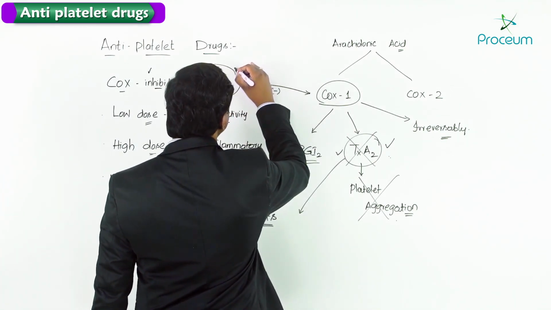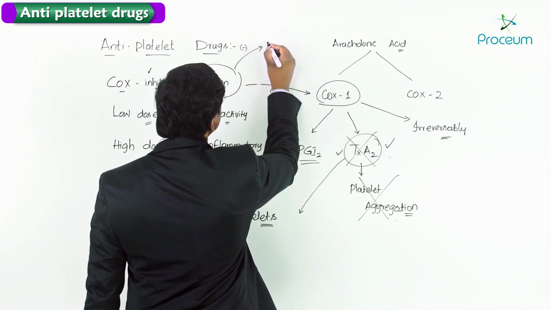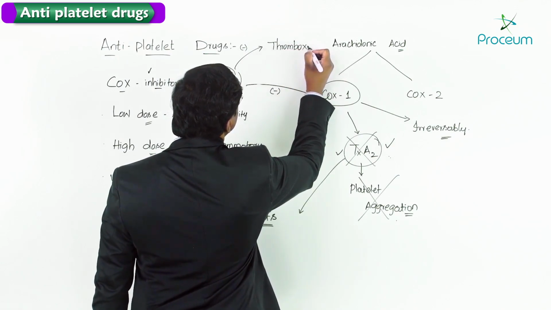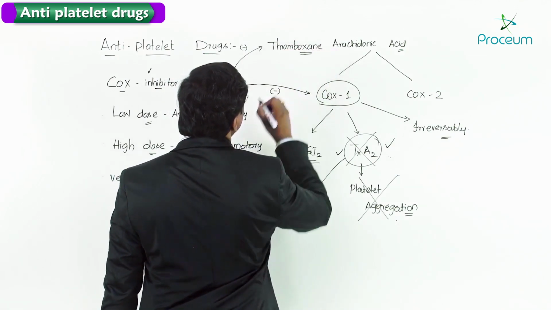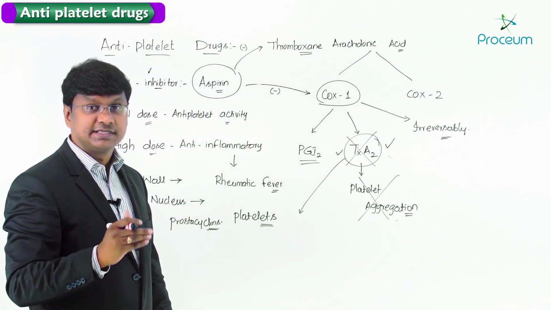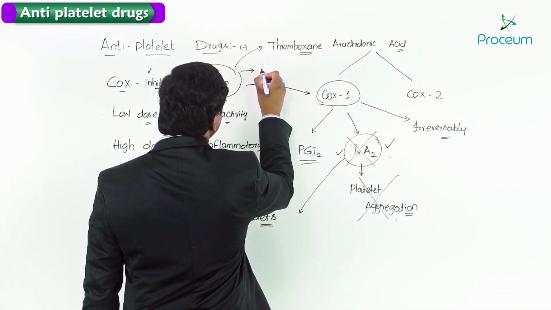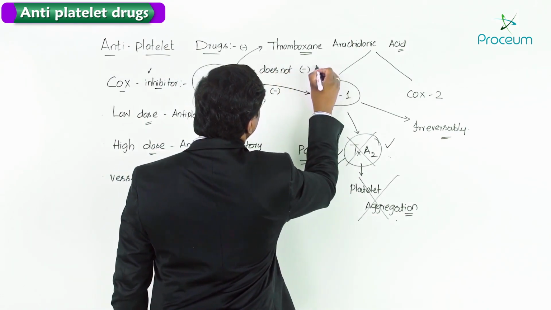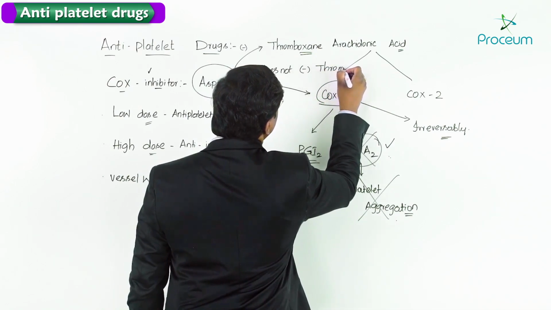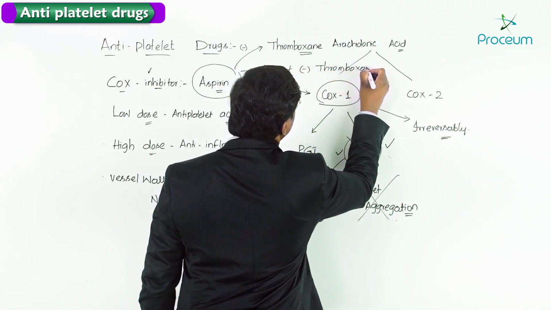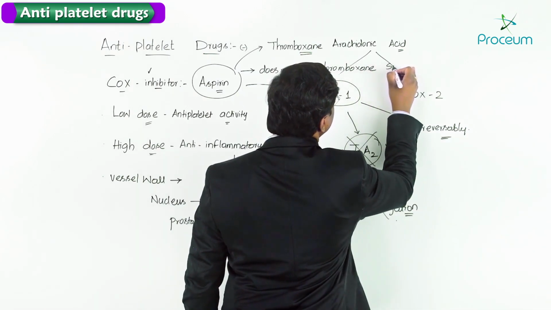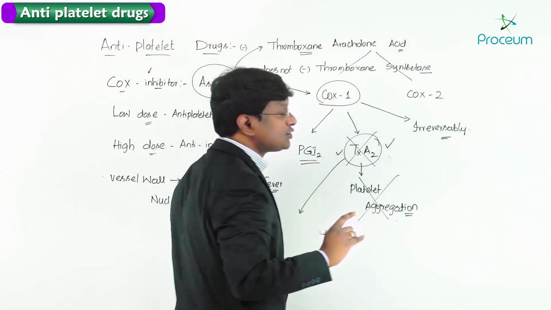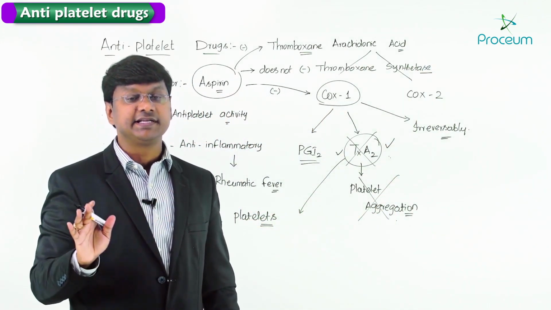So aspirin inhibits the thromboxane synthesis, but it does not inhibit the thromboxane synthetase.